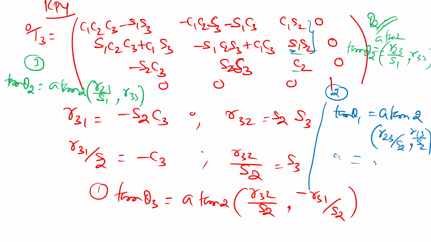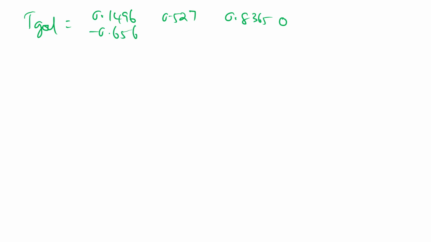Okay, so we'll do this with one example. Here the matrix is given. T goal is 0.1496, 0.527, 0.8365, 0, minus 0.6558, minus 0.580, 0.4829, 0.